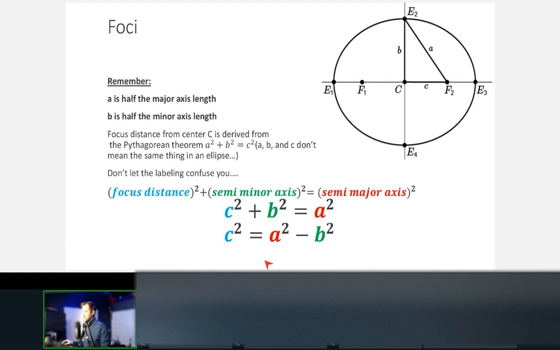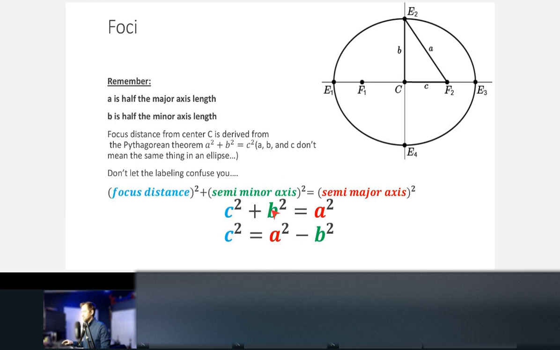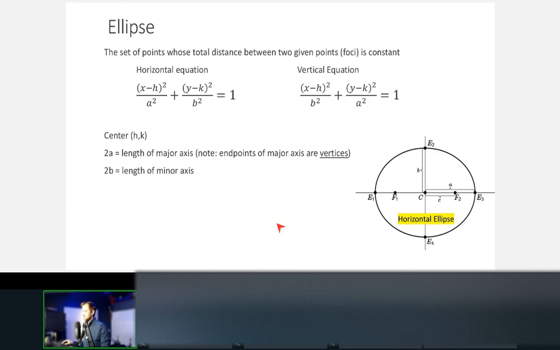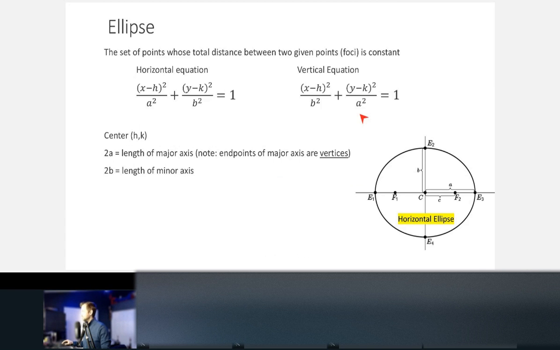So instead of having A squared here, I would have C squared plus B squared, which kind of makes it look more complicated. So Noah, that's really the best answer I have for you. It's not in there directly, but we could derive it to rewrite these formulas and have C in there, if that makes sense.